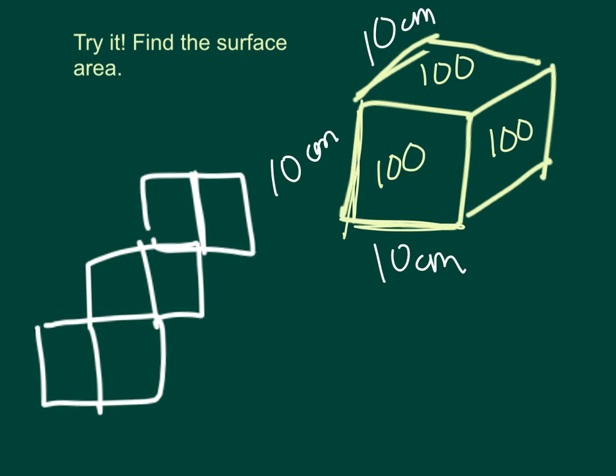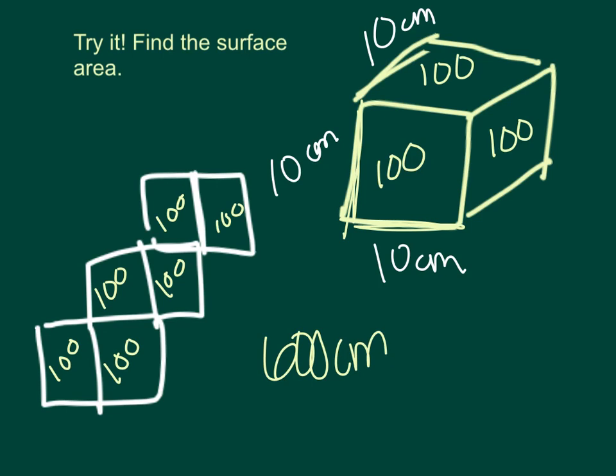There we go. So this one would be 100 centimeters. Ow, Abigail, stop. This one would be 100. This one's 100, 100, 100, and 100 centimeters squared. Then I just add them up. 1, 2, 3, 4, 5, 600 centimeters squared. Okay.